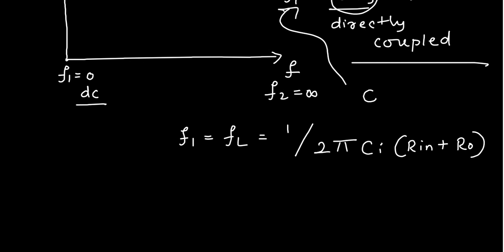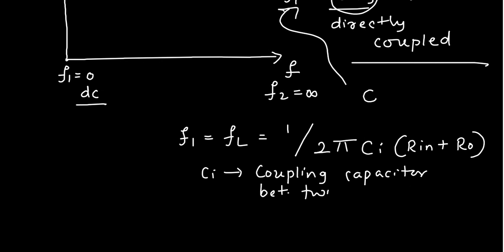So, fl is equal to 1 divided by 2 pi C into R, and R is R in plus R naught, because everything comes into picture as far as the operation is concerned. Ci is nothing but the coupling capacitor. Where is the coupling? Between two stages.